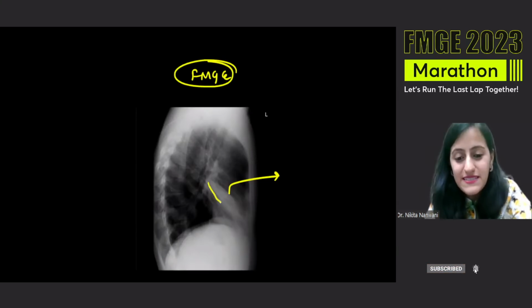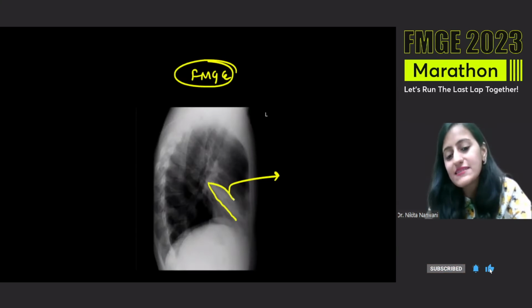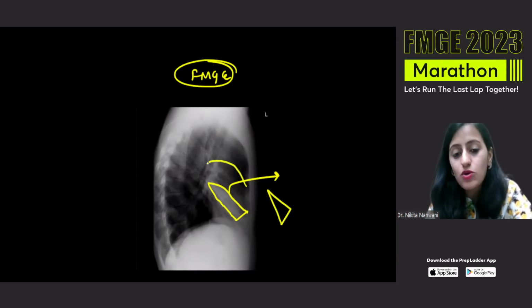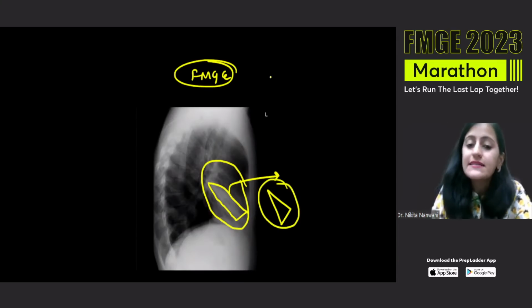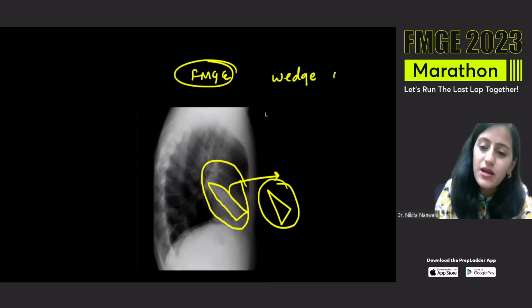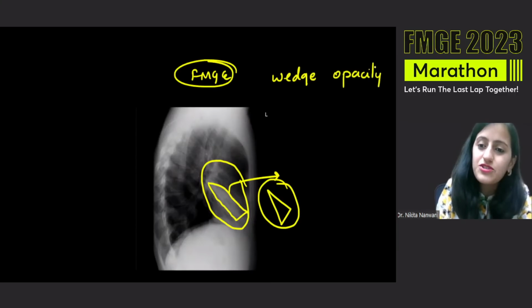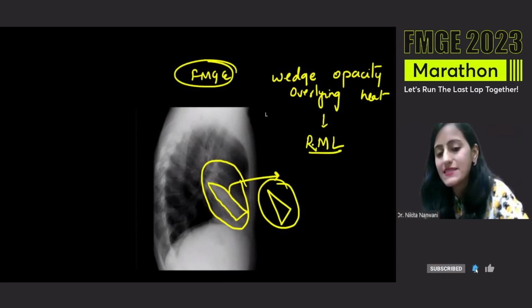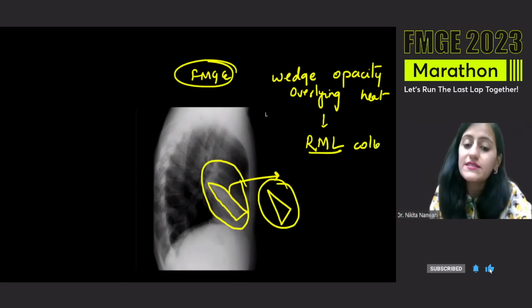So this opacity that we are seeing has this classical wedge shape, overlying the heart shadow, overlying the heart. Whenever you see a wedge shape opacity overlying the heart in the lateral chest X-ray, always think about right middle lobe opacity. Wedge shape, so it is collapse.